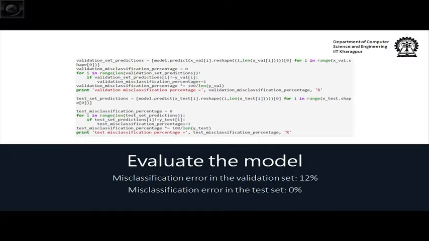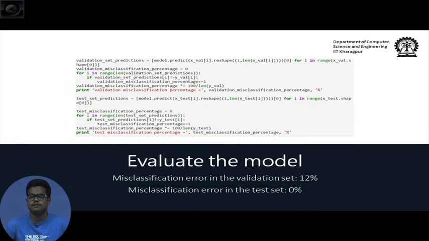So next is evaluation of the model. We do it in the same way as we had done in the last 3 examples, and we get a validation set error of 12%. The previous example was a simplified version of the iris dataset, and the beauty of the iris dataset is that the first and the second classes are linearly separable, but they are not linearly separable with the third class.